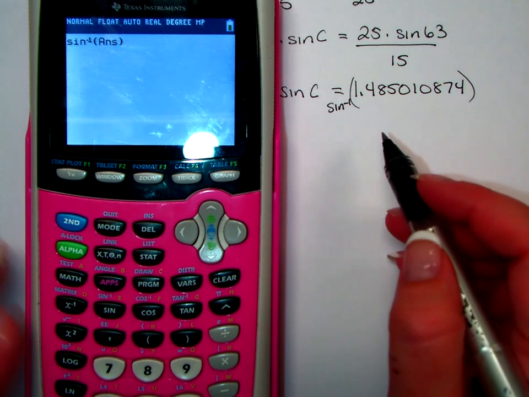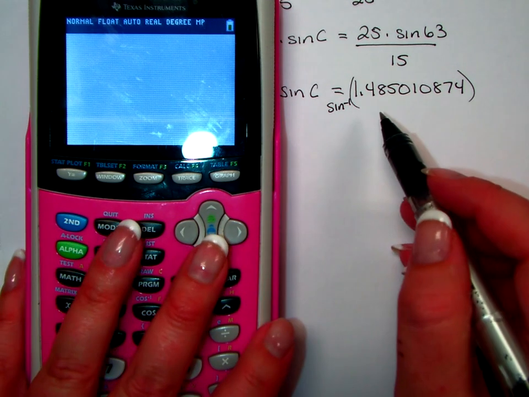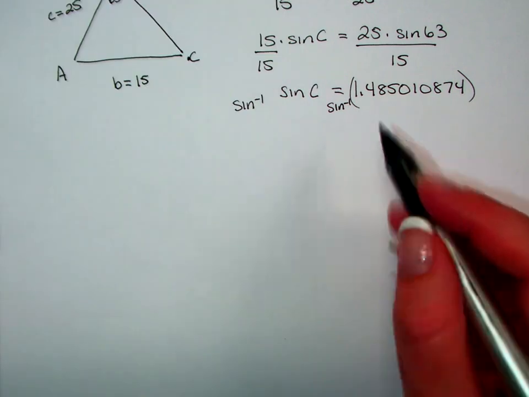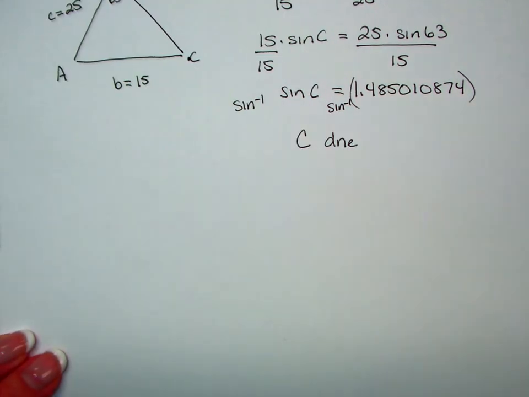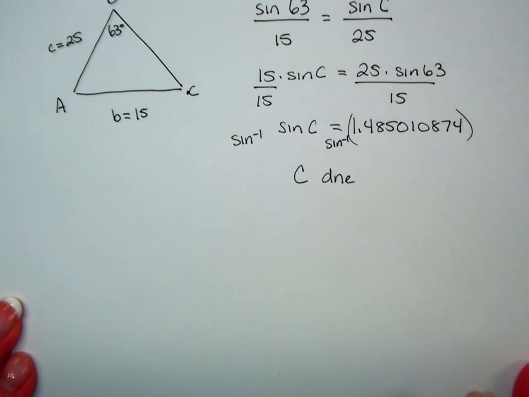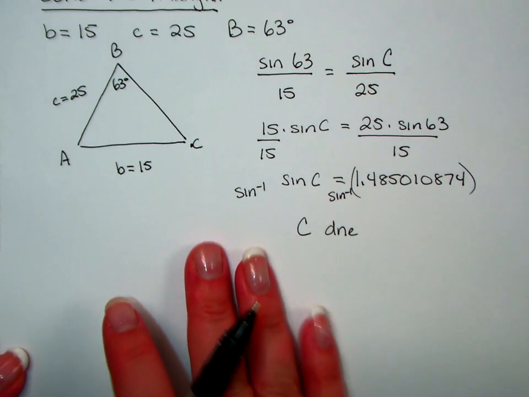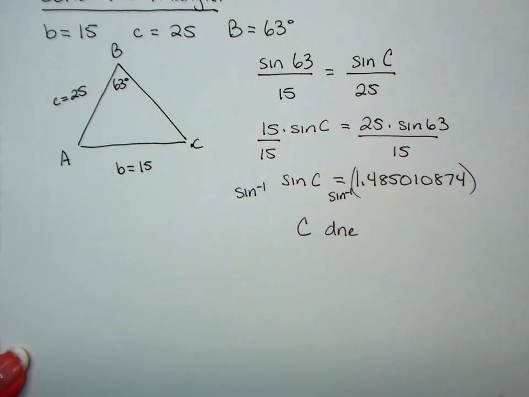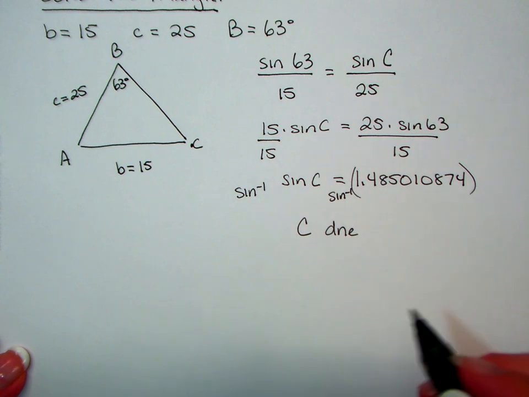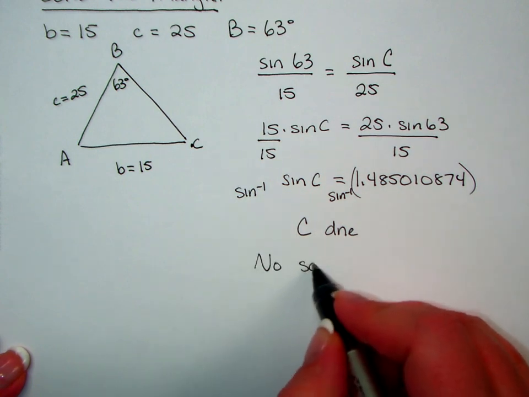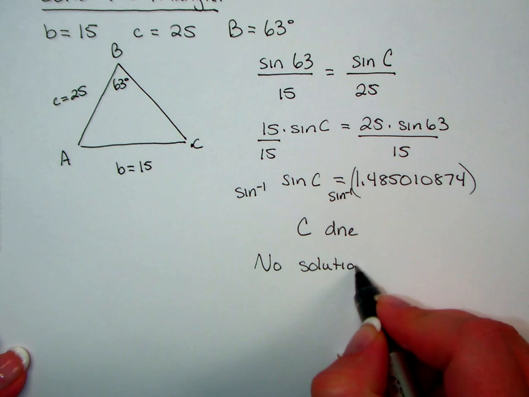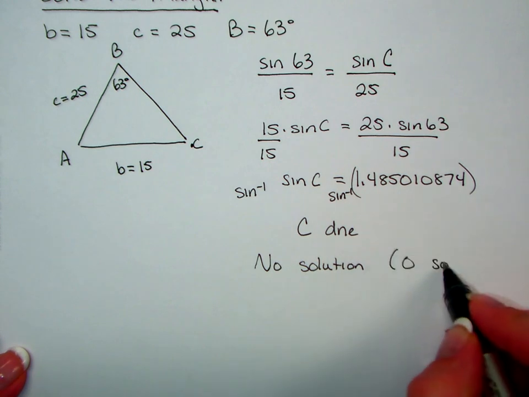So this is one of those cases where angle C doesn't exist. And so if angle C doesn't exist, then this triangle can't have this given information. So this is a zero solution case. Right, zero solution case.